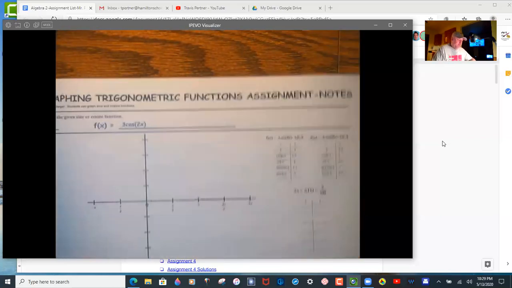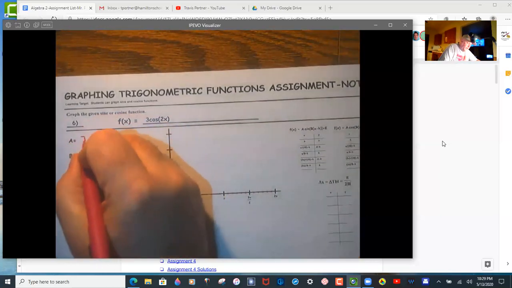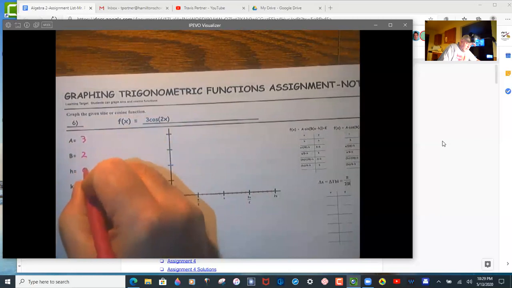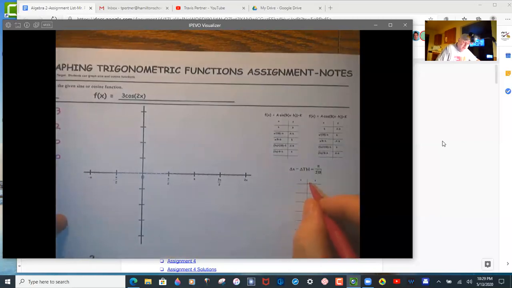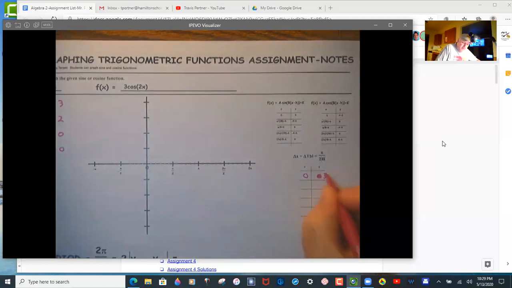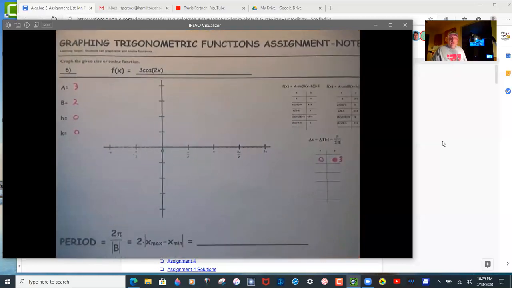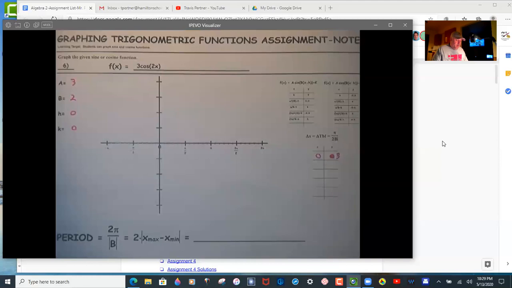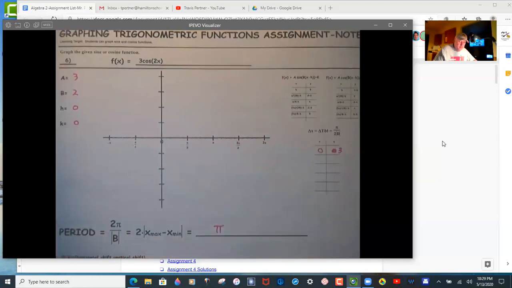Okay, last one. 3 cosine 2x. So 3, 2, 0, 0. Notice we did not have any values of h and k other than 0, 0, which is okay. This is going to be pi, so 2 pi over 2.